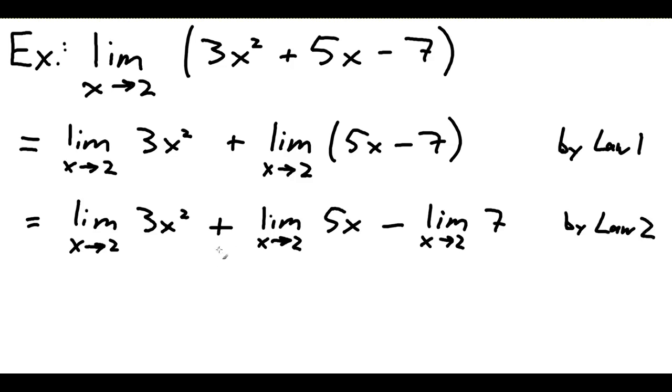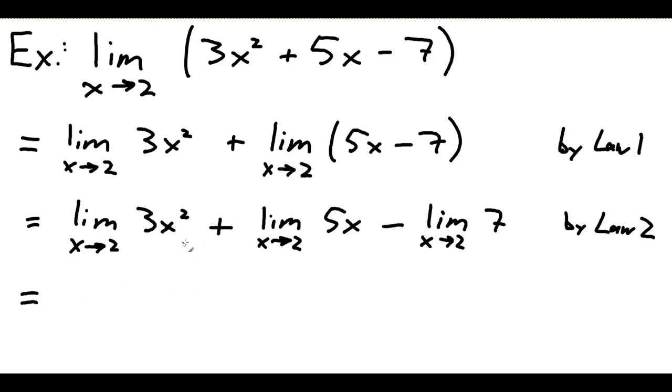And you can apply more than one law at once if you are comfortable doing so. Just make sure that you are very clear on exactly which laws you are using. Sometimes when I present this problem, I go straight to this step, and then off to the side, I just say by laws 1 and 2. But it doesn't hurt to be a little bit more careful as we go here.